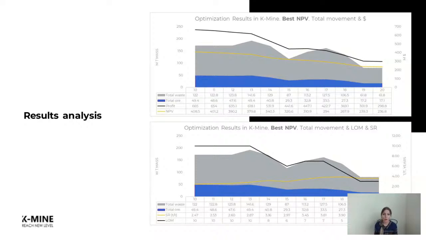So the choice should always be combined with the goals and interests of the company. What does it want? It wants to reduce life of mine, but get fast results and quicker return of the investment, or it wants a longer life of mine, and it's fine with the balanced results.